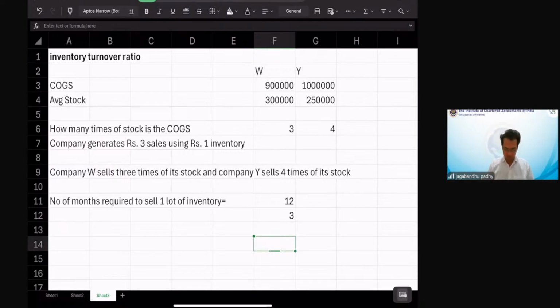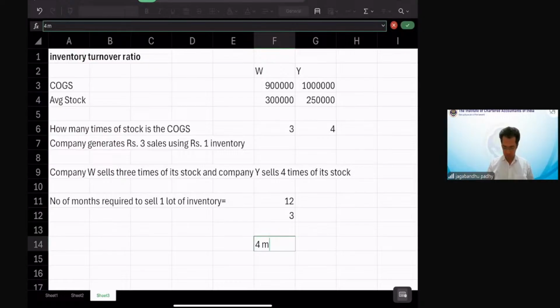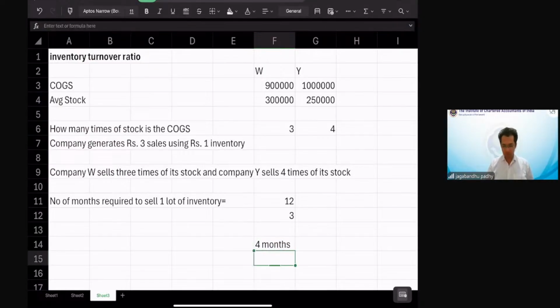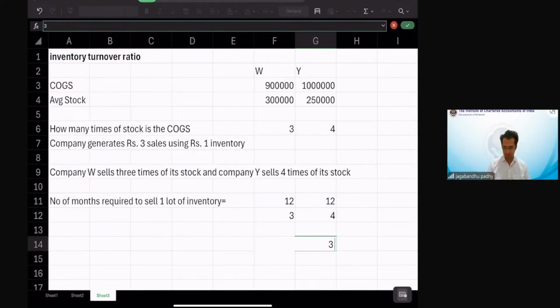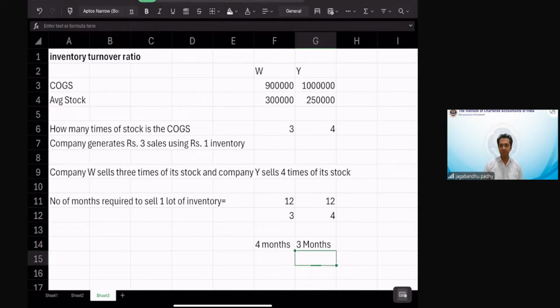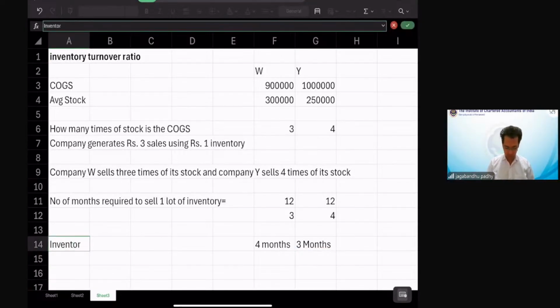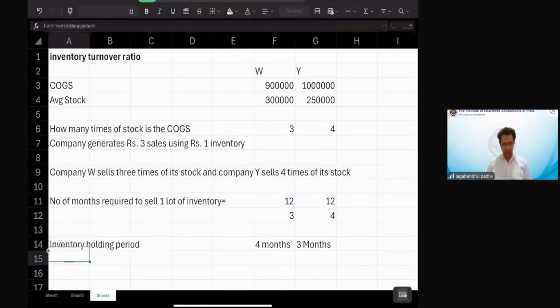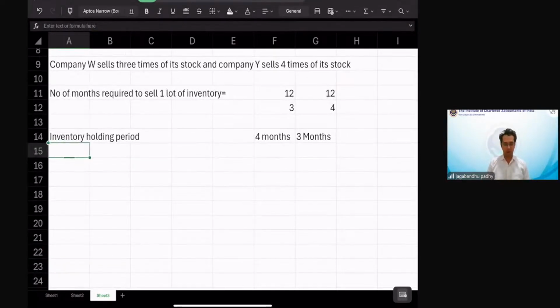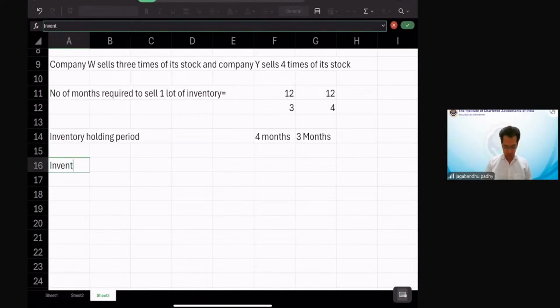Suppose each lot of stock is being sold in 4 months, and on the other side it is 12 divided by 4, which is 3 months. So number of months required to sell one lot of inventory is 4 months and 3 months. And this is what we call as inventory holding period.